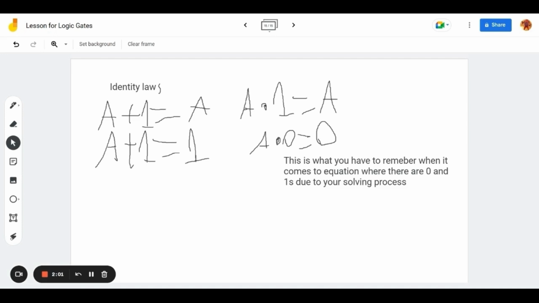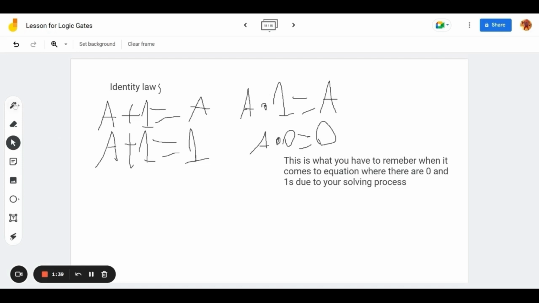So if it was A plus zero, it would still be A. But only if it's zero times A will it become zero, because as we know from multiplication, zero times anything would equal zero. But as you can see here, A times 1 equals A, A plus 1 equals 1. They're literally alike. They literally represent the same thing.